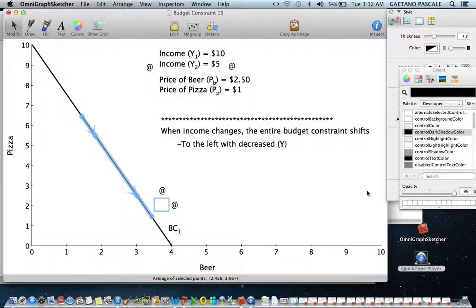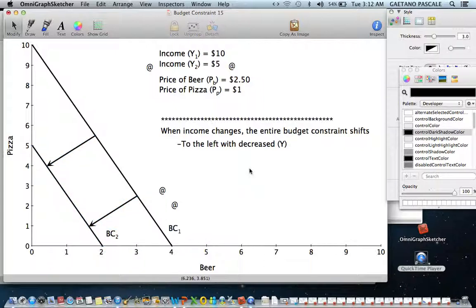So let me pull up the new budget constraint and let me shift that to the left. Because of a decrease in income, we've gone from budget constraint 1 to budget constraint 2. You can see the opportunity set is smaller with budget constraint 2 versus budget constraint 1. So when income decreases, the budget constraint shifts to the left.